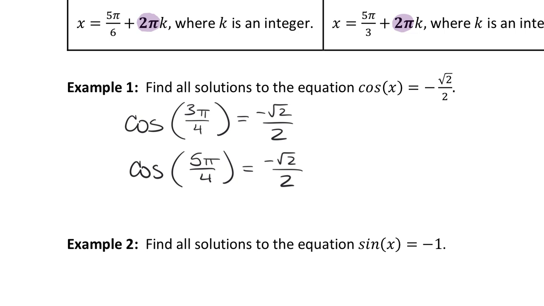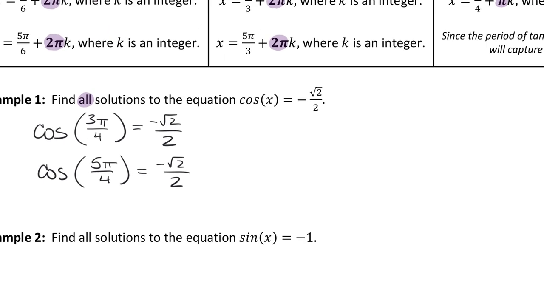Now, if we're wanting all of the solutions, this word all and the fact that there are no domain restrictions, which I will show you what that looks like later, we need to write a general solution. It doesn't just want one or two, it wants literally all of the solutions. So we write two general equations here.